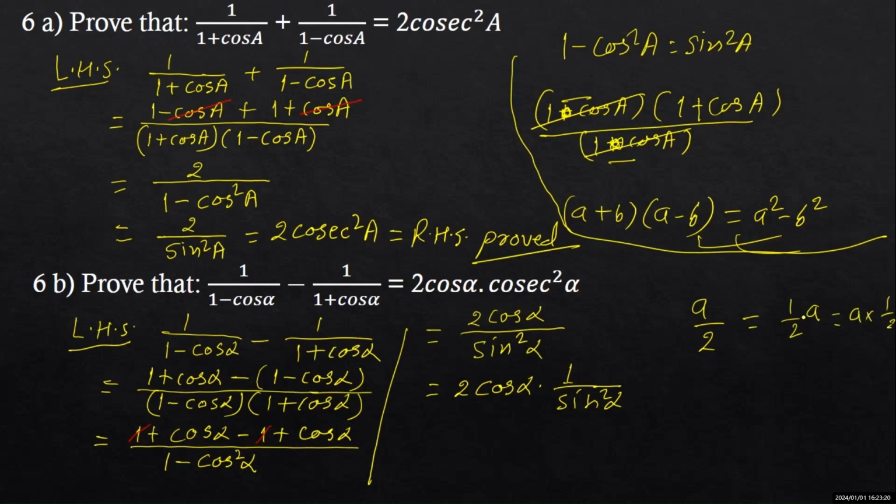It is the same thing. So this also can be written separately. Now we have 2 cos alpha into 1 upon sin square alpha, and 1 upon sin square alpha equals cosec square alpha. This is our required right hand side. Hence proved.